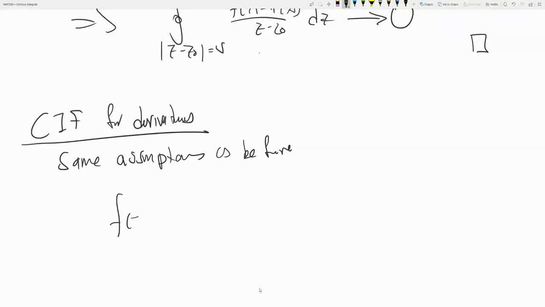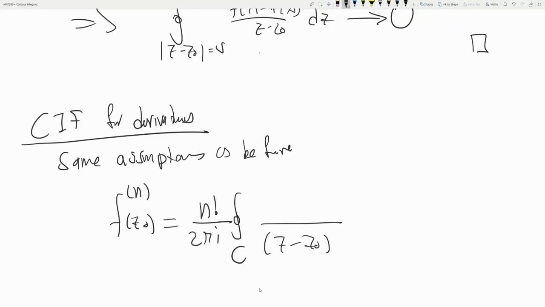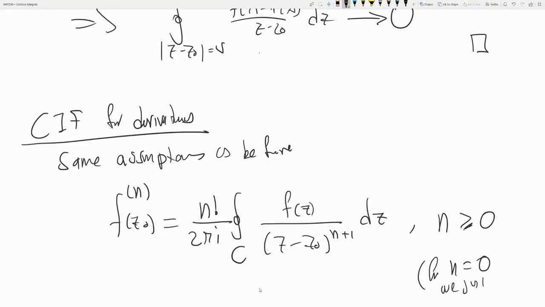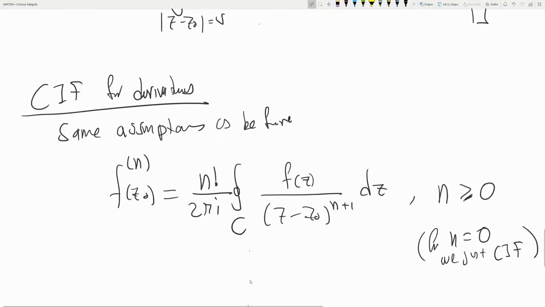We have f of z naught, its nth derivative, has the following expression, where n is any number bigger than or equal to 0. For n equals 0, we just get the CIF from before, right? So it contains the previous result.